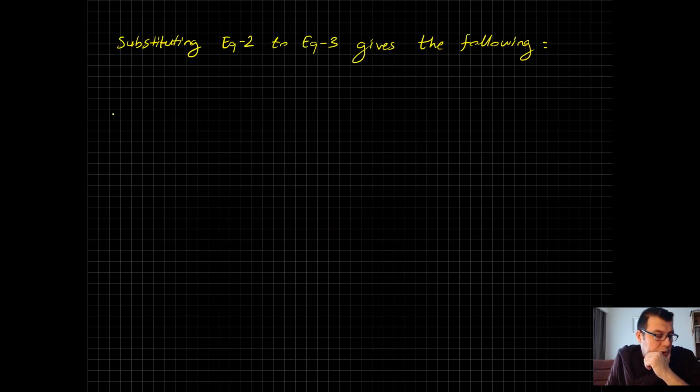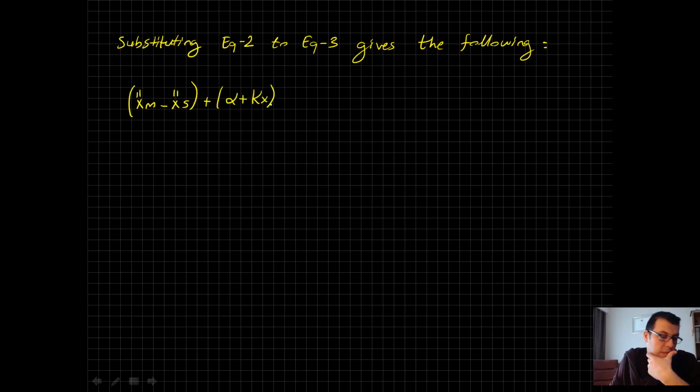If you do so, you're gonna have those two equations: x master double dot minus x slave double dot plus alpha plus kx times x master dot minus x slave dot plus alpha times kx times x master minus x slave is all equal to 0.